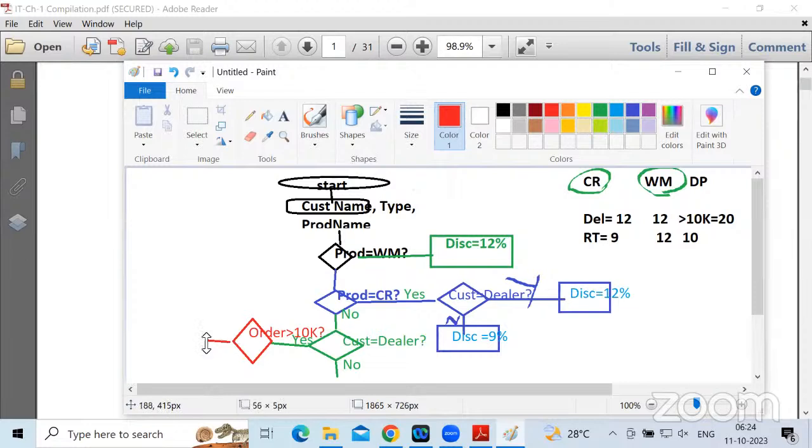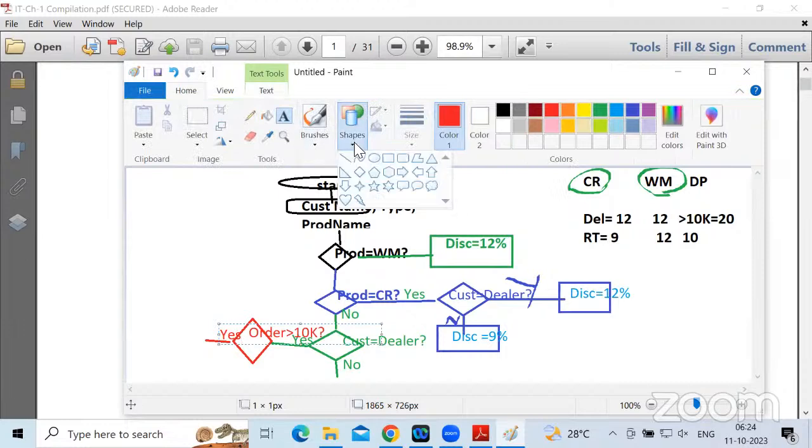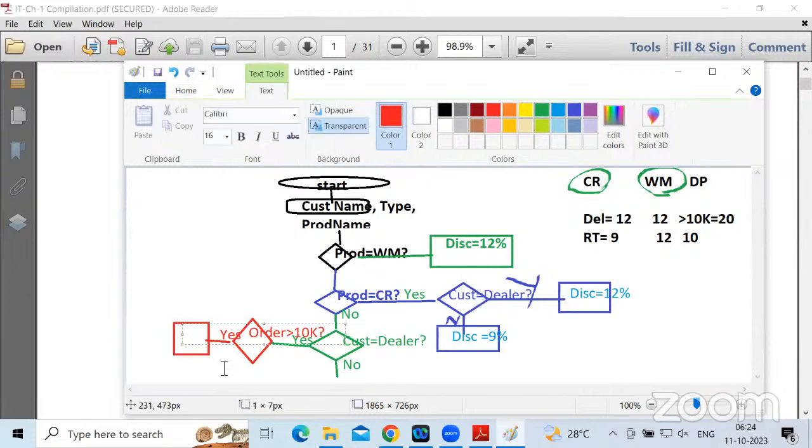So if it is yes, the processing is discount is equal to 20%.